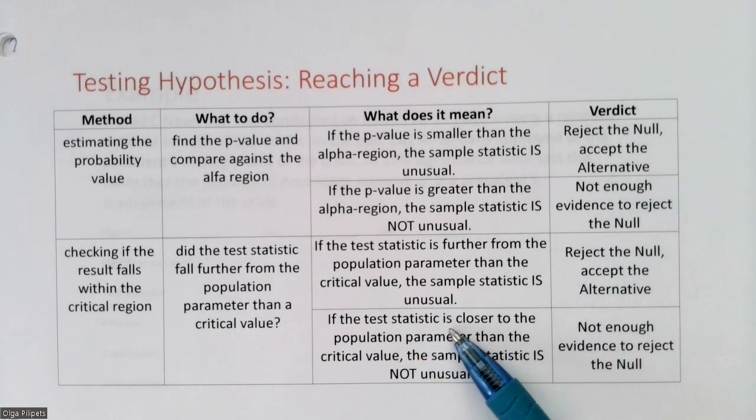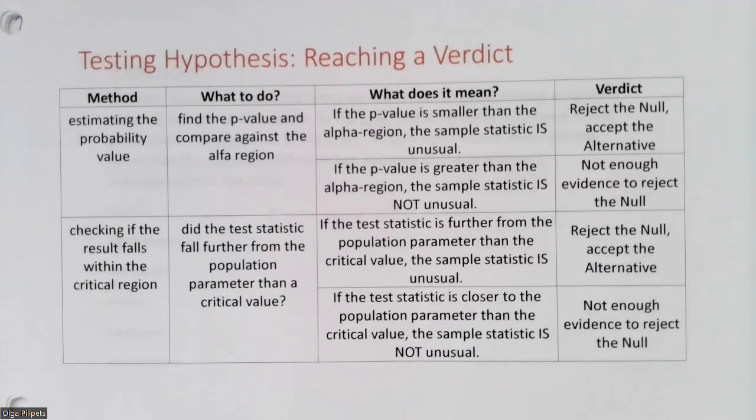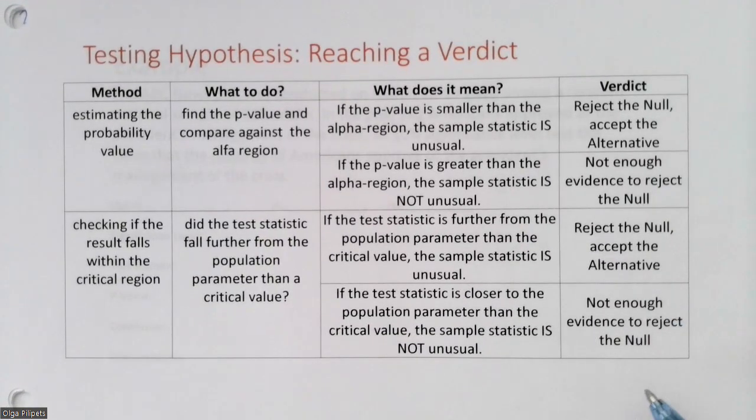And if the test statistic is closer to the population parameter than the critical value, the sample statistic is not unusual, and we didn't get enough evidence to reject the null. That will conclude our test. We're going to reach our verdict this way.